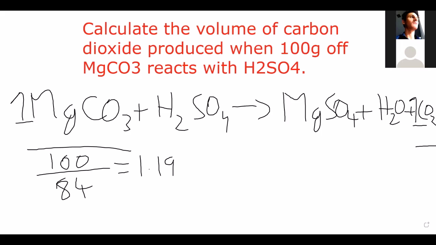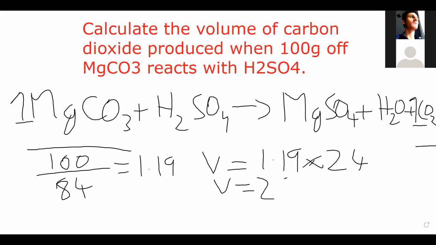So when 1.19 moles of magnesium carbonate are used, 1.19 moles of carbon dioxide are produced. To find the volume, we'll multiply the number of moles with 24. So the volume comes to 28.6 dm³.